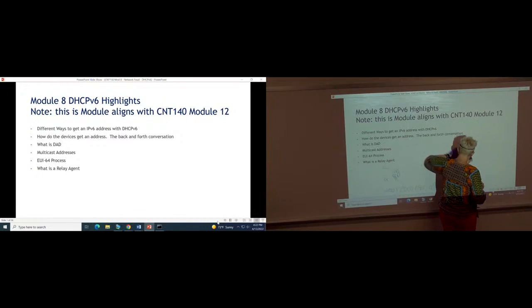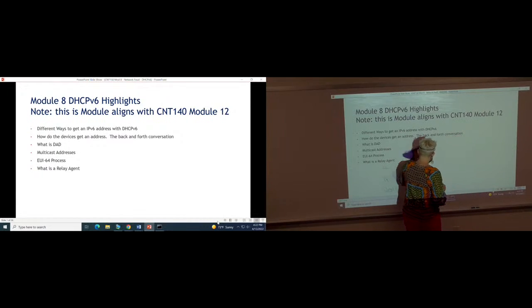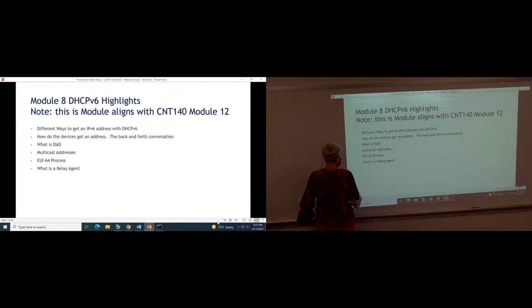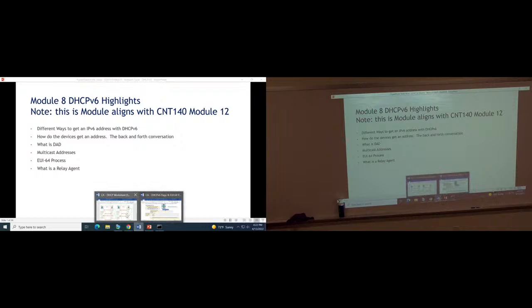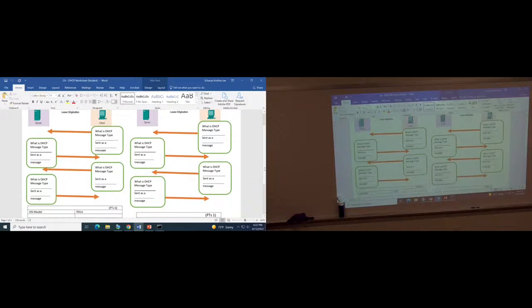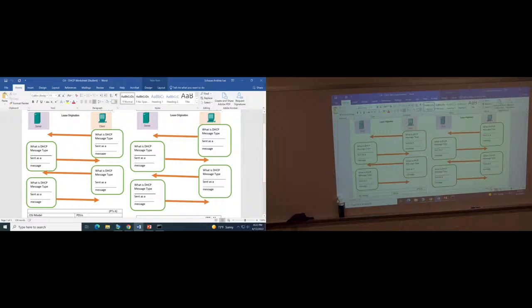And then also, let's take a look at that assignment that we did last week for DHCP, because we want to know what the different messages are, right? So let's look at this assignment. We'll even review DHCP, just regular version 4.